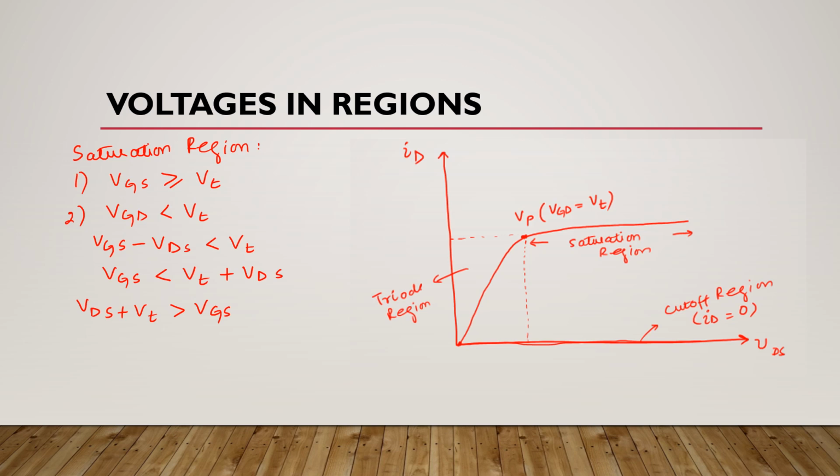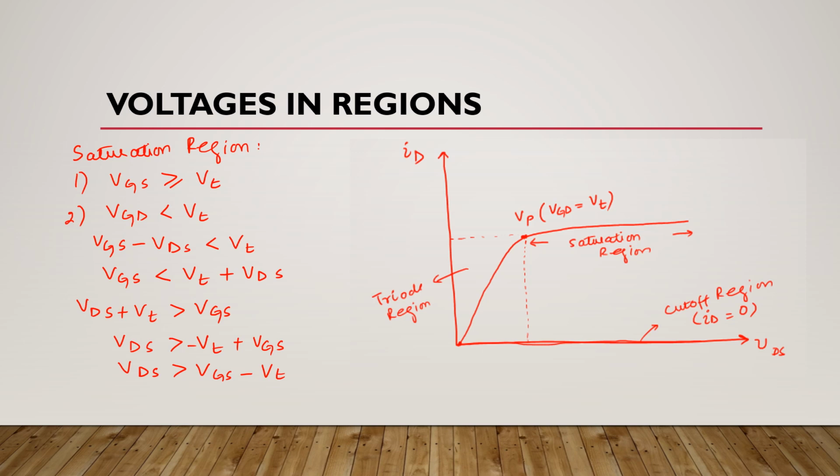Now if we rearrange this equation, we get drain to source voltage is greater than gate to source voltage minus this threshold voltage.